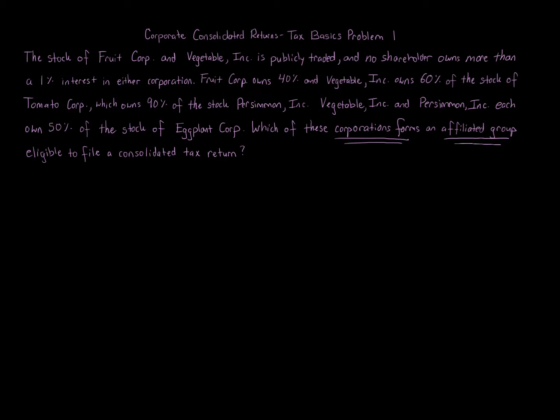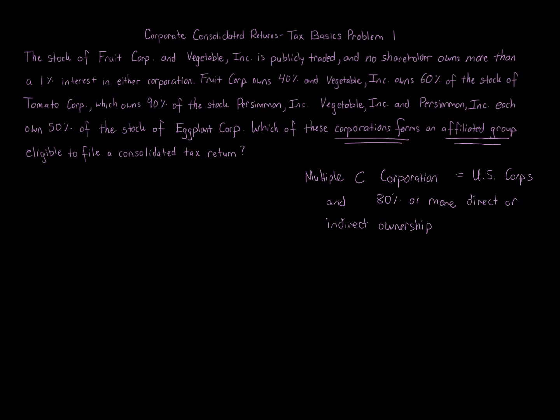And the rule is if you have two or multiple C corporations, they're all U.S. corporations, and you have 80% or more direct or indirect ownership in terms of the control group of these parties together, then you're able to file a consolidated return. You're eligible to file a consolidated return.